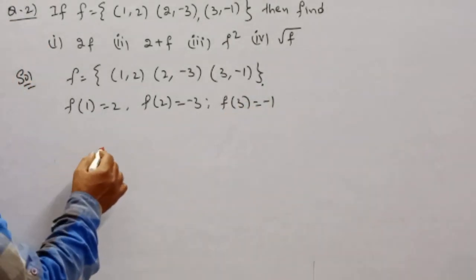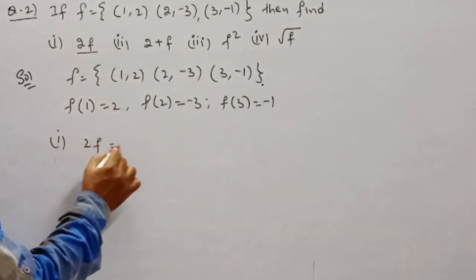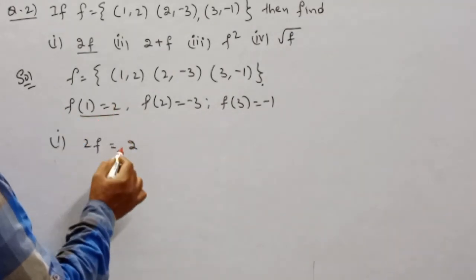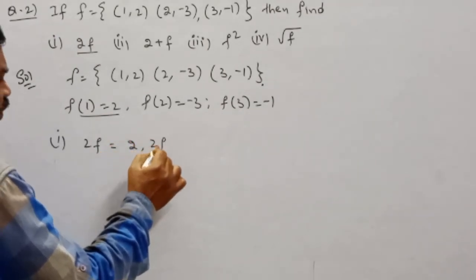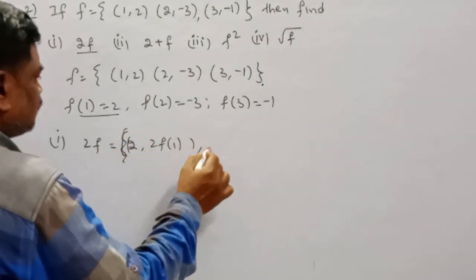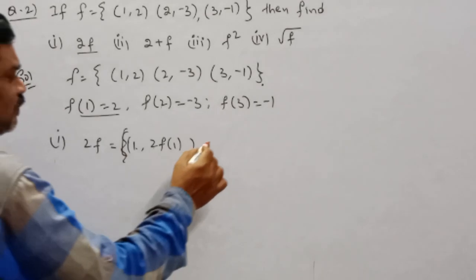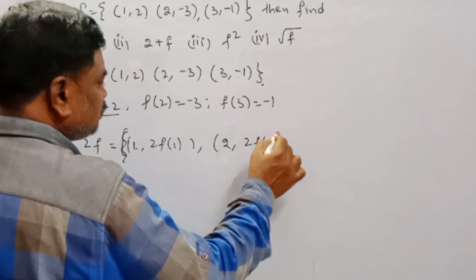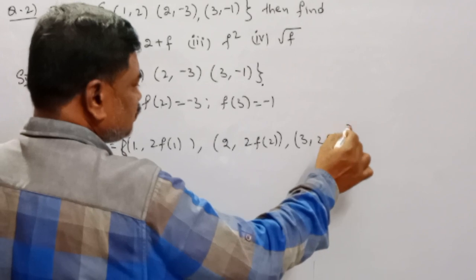So here first we have to find 2f. 2f means (1, 2 into f of 1), (2, 2 into f of 2), (3, 2 into f of 3).